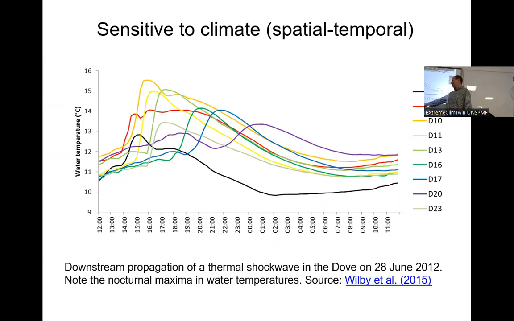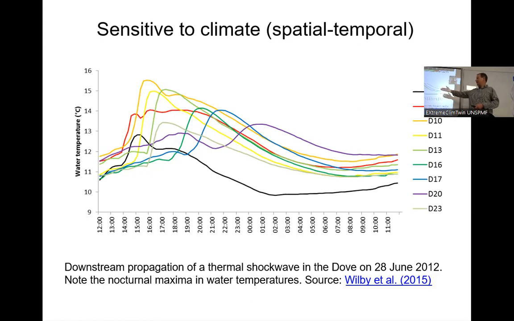There's a heavy rainfall in the headwaters causing the initial rise in temperature here in the black and the red right at the top of the river, and then through time we can see that thermal shock wave moving downstream, and often in this case, for example, in the lower reaches, causing the maximum temperature to arrive well after dark, which is a very surprising thing.